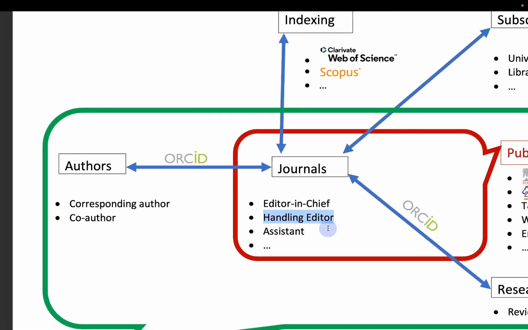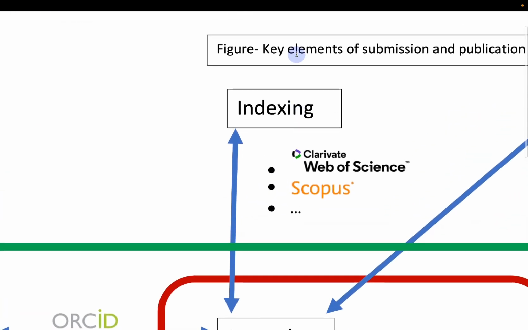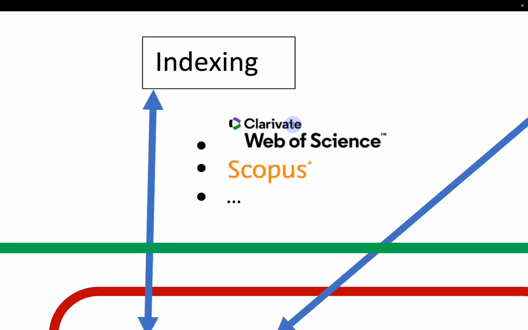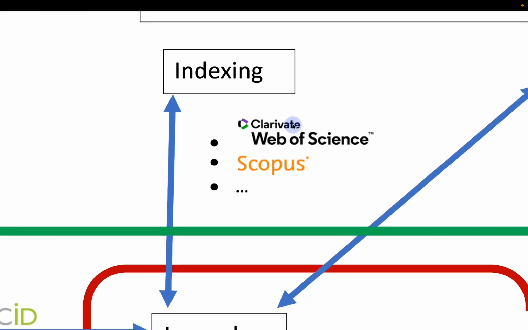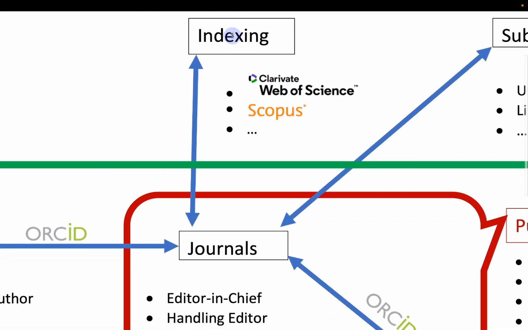Okay, after journals, we focus on indexing websites. Indexing databases are another element that rank and categorize journals. Thereby, indexing databases give journals credibility.